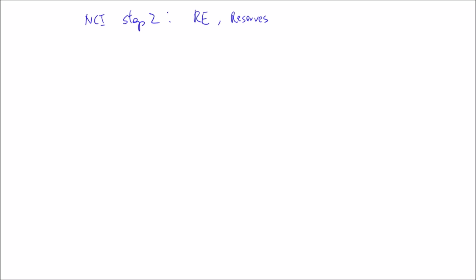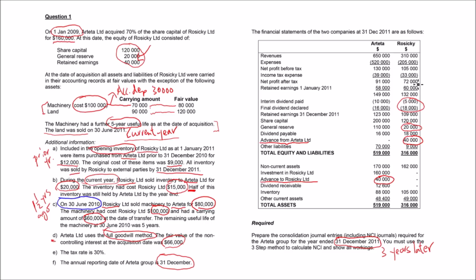With retained earning, we need to look for the change of retained earning from the acquisition date to the beginning of the current year. So how do we look for that information? Based on the statements, you can see that the amount of retained earning at the beginning of the current year was $60,000. And at acquisition date, the amount is $40,000, which means that from acquisition date to the beginning of the current year, the amount of retained earning increased by $20,000.